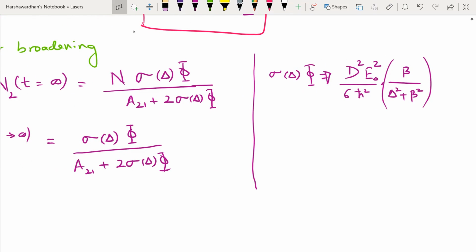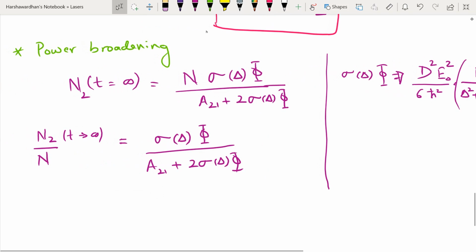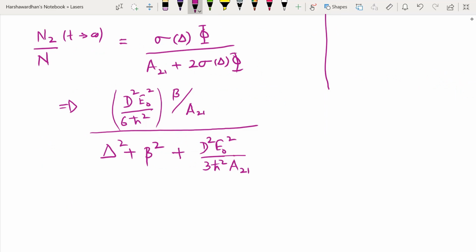Remember, delta is the detuning, which is the difference between the atomic resonance frequency and the applied field frequency. Let me just rearrange this in my expression here. So what I eventually get is the following form, which is essentially the form for the number of atoms in the excited state.